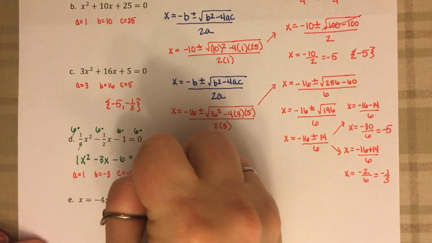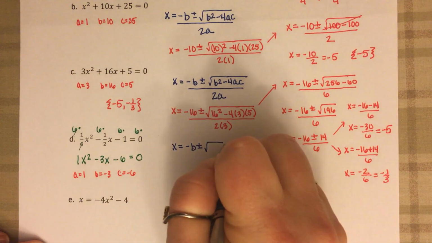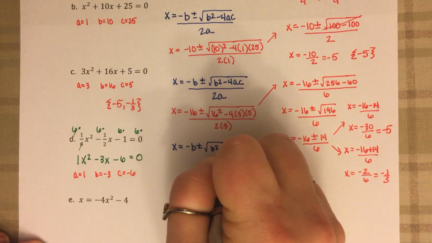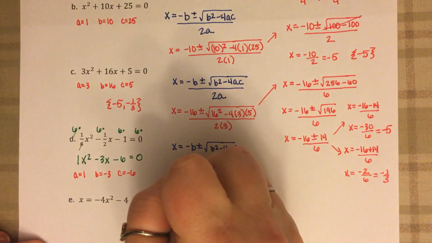All right, so we're going to go to our quadratic formula. x equals -b plus or minus the square root of b squared minus 4ac all over 2a.